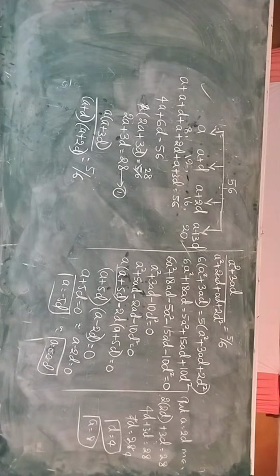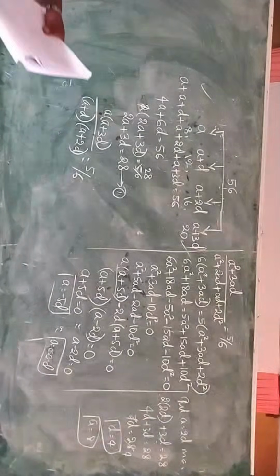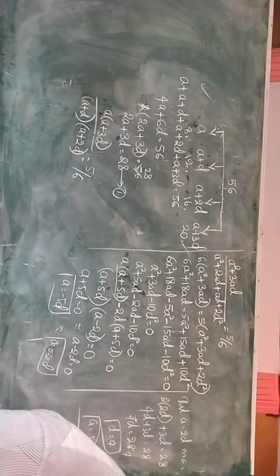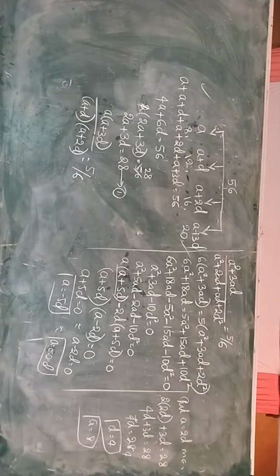The biggest number is 7 times the smallest number. Find the numbers.